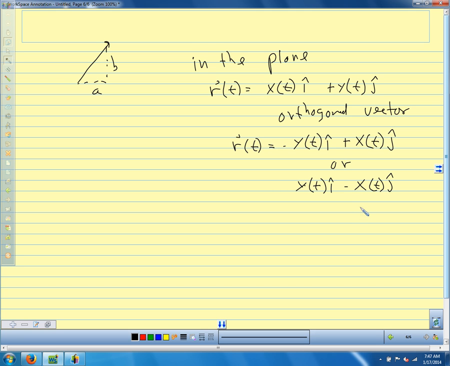So we switch the x's and y's and change the sign on one. We pick the direction to get the principal unit normal vector so it points to the inside of the curve, the concave side of the curve. So in the plane, to find a normal vector, you switch the x's and the y's and change the sign on one. We could have done that same thing on the last example, and we would get the same answer. Unfortunately, this doesn't work in space.